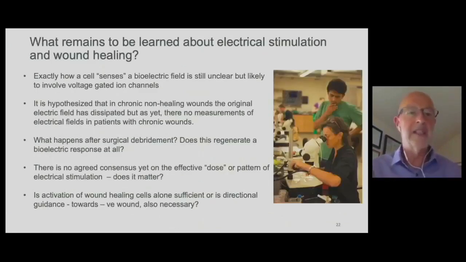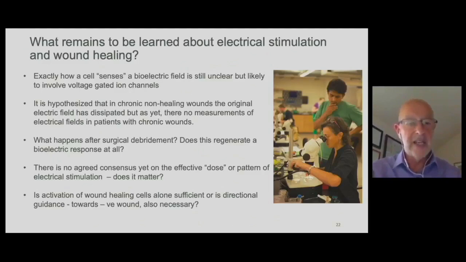So, as we come to the end, there are still a number of questions that need to be asked about electrical stimulation. We don't really know exactly how a cell senses the electrical field in the first instance. We know how the cell responds to electric fields, largely through protein phosphorylation. But the initial response may be involving voltage-gated ion channels.